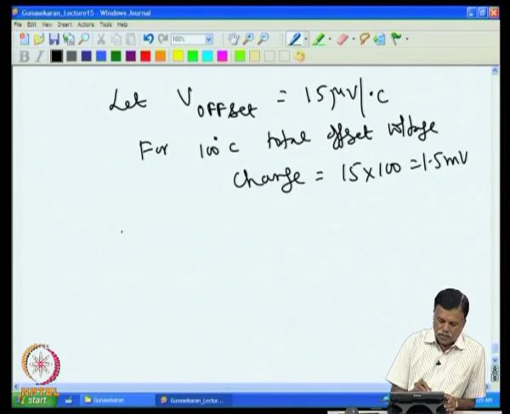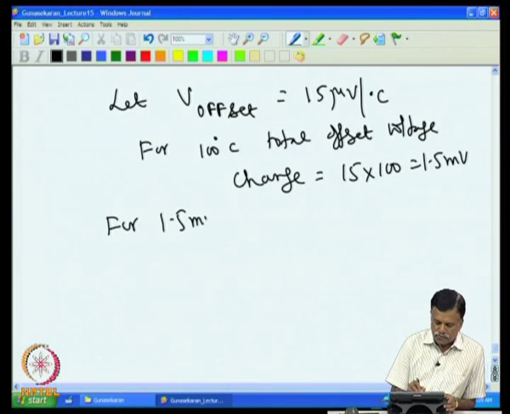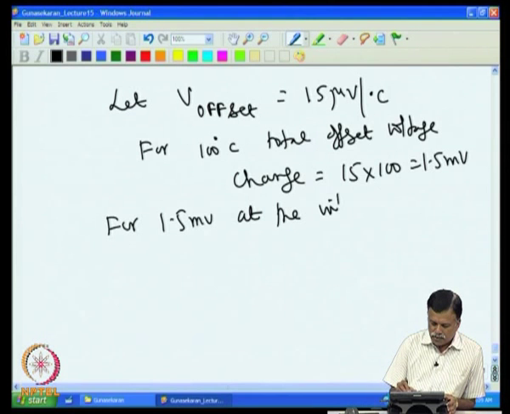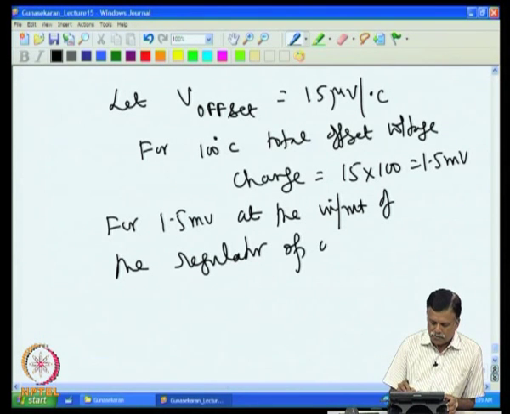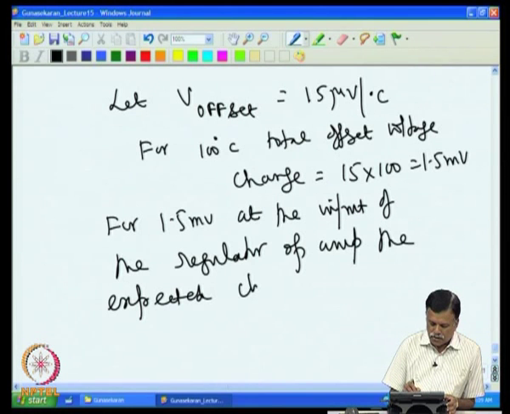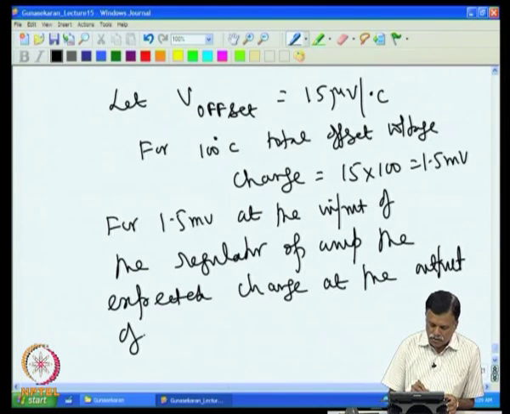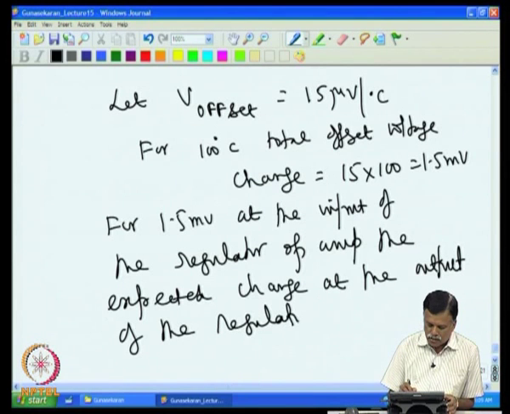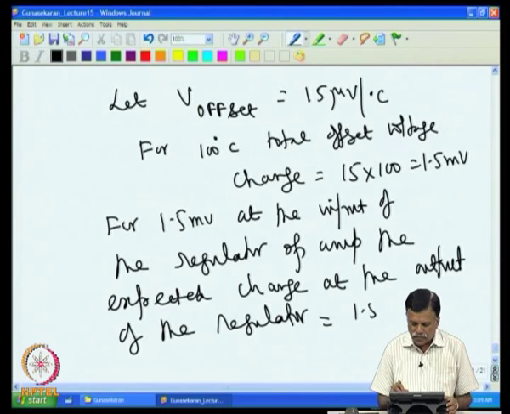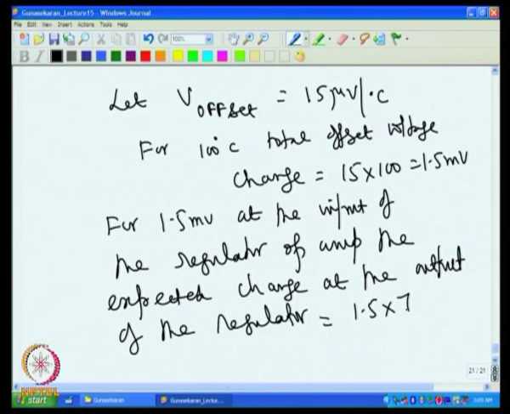Then for 1.5 millivolt change at the input of the regulator op amp, the expected change at the output of the regulator is equal to 1.5 millivolt into 7 by 5, that is our resistance multiplication factor, that is R1 and R10 contribution, that actually comes 2.1 millivolt.